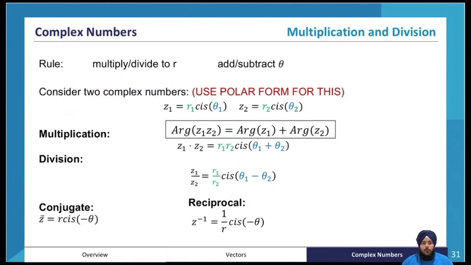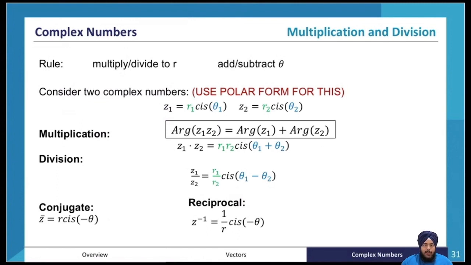Polar form is just so beautiful and it's really designed for multiplication and division. And there are 2 really simple formulas for multiplying and dividing. Basically, if we're multiplying z1 times z2, z1 is r1 cis theta 1, and z2 is r2 cis theta 2.